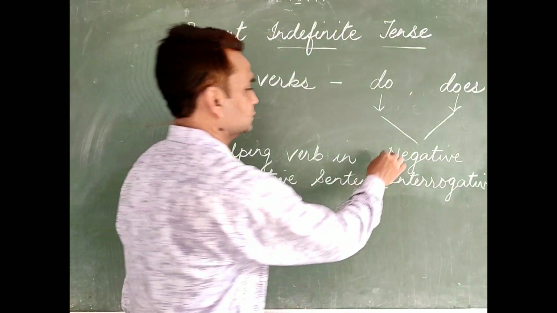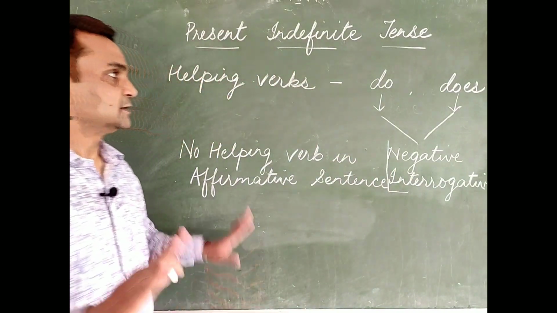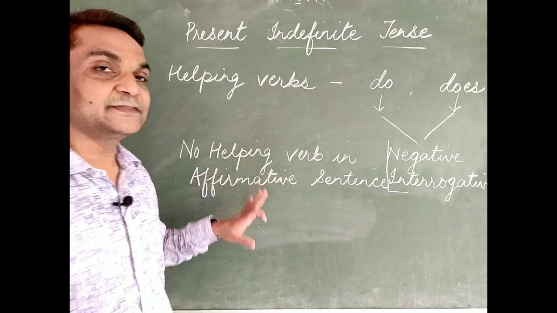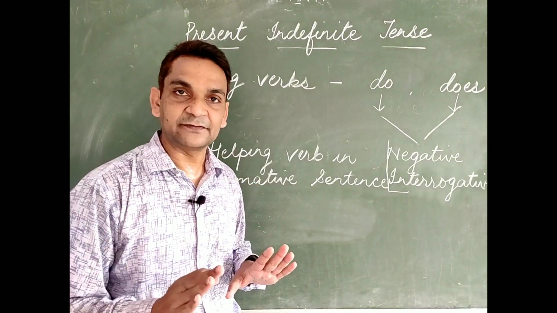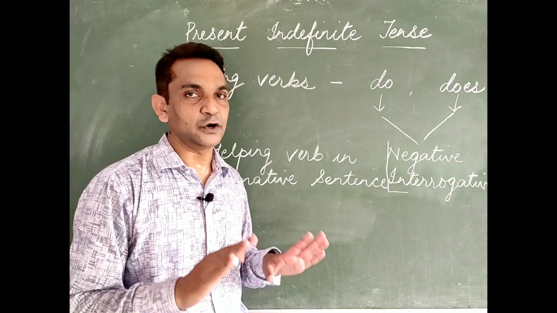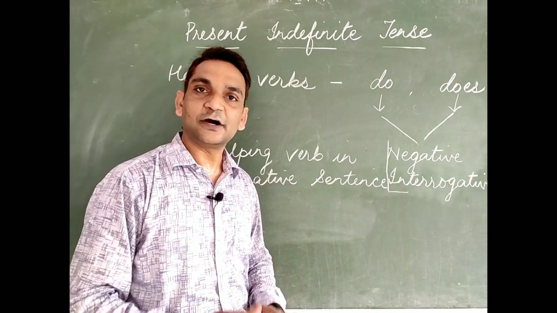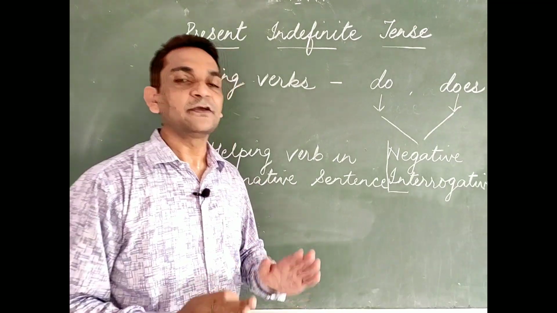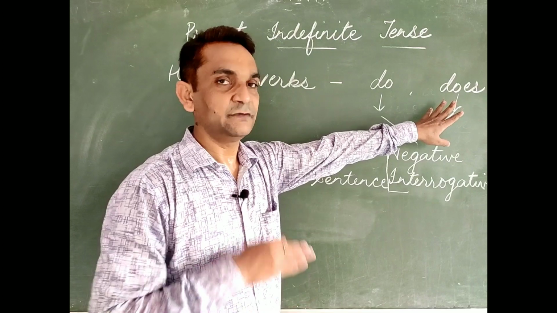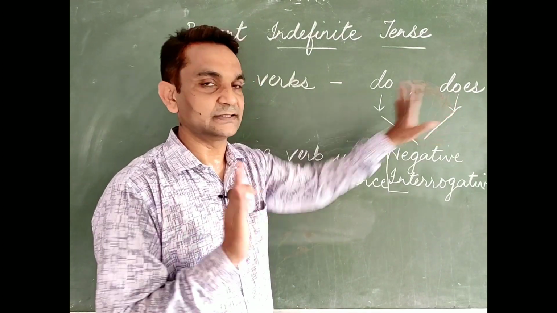So this is about use of helping verbs. I think this much is clear to everybody, that if the sentence is affirmative, we will not use helping verb do or does. But if the sentence is negative or the sentence is interrogative, we will have to use do or does. We will later learn when to use do and when to use does.